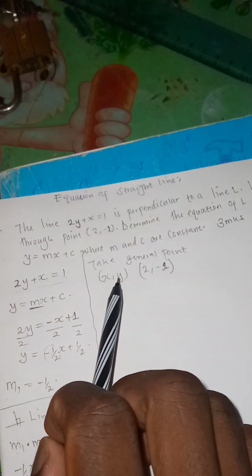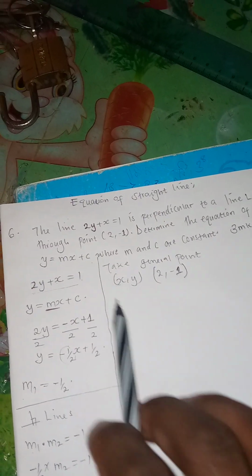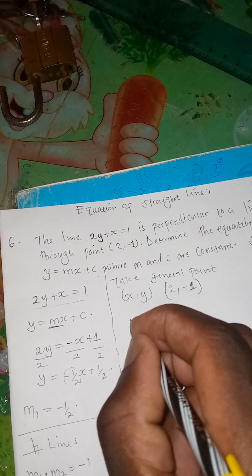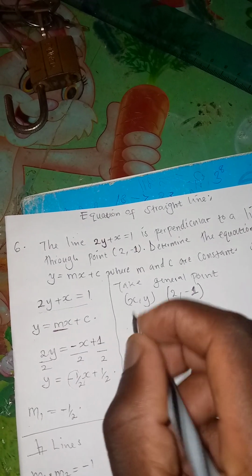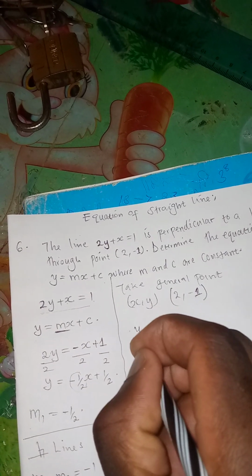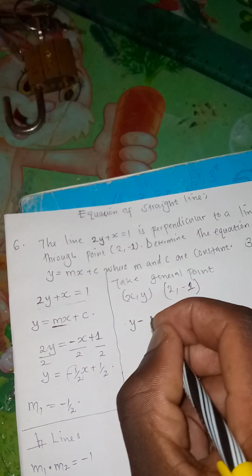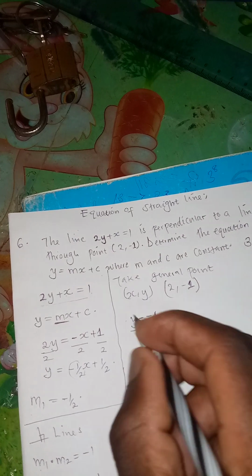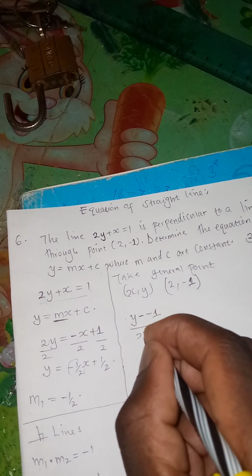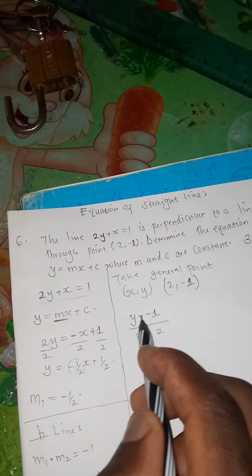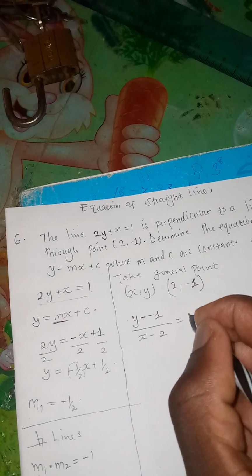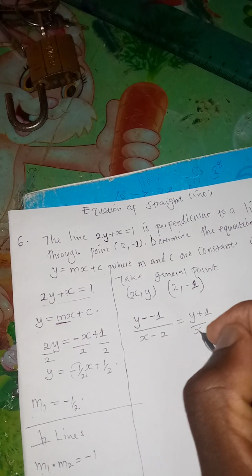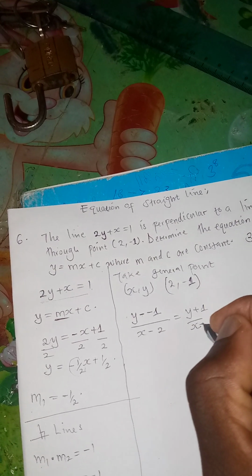So we can express the gradient using the two points. The gradient is given by the change in y, which is y minus -2, divided by the change in x, which is x minus 1. So minus minus becomes positive, and it becomes y plus 2 over x minus 1.